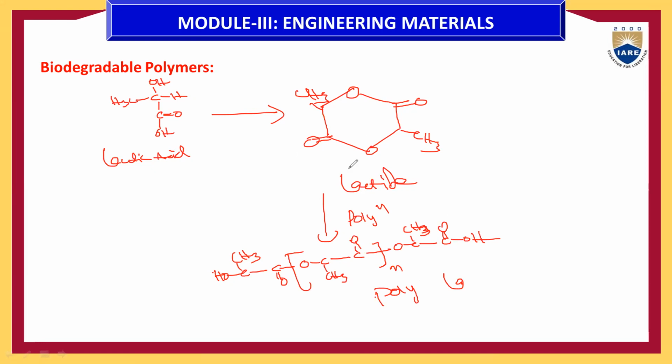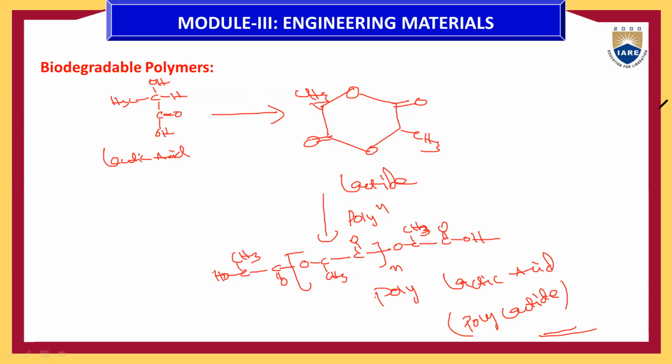So this is a polylactic acid or polylactide. Polylactic acid is a chiral compound. It has some distinct properties. Why?